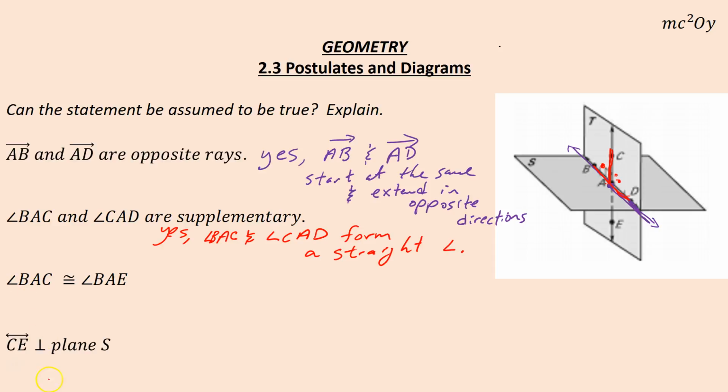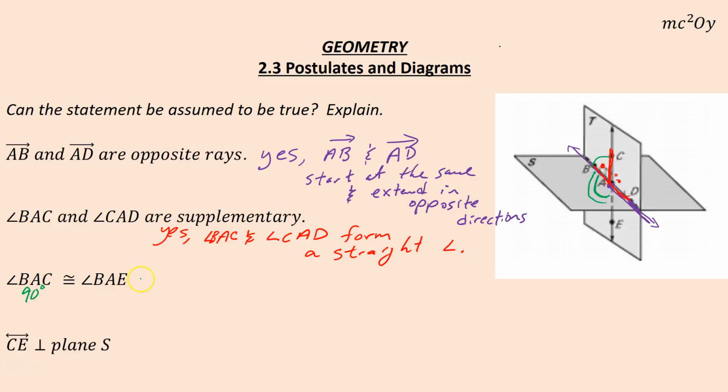How about BAC? Let's switch colors while we're thinking about it here. BAC is congruent to BAE. So we now have BAC, this angle right here, and BAE, this angle right down here. What we want to know is if those two angles are congruent. Well, we know that they make a linear pair because they form a straight line. And we know that BAC is 90 degrees.